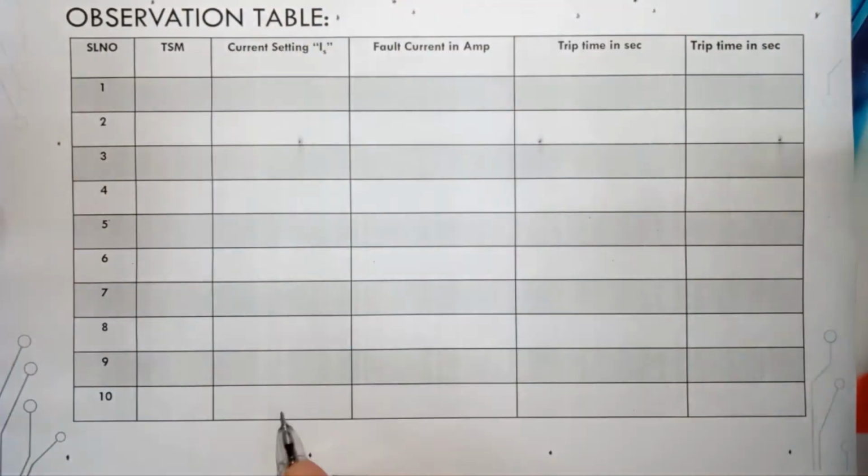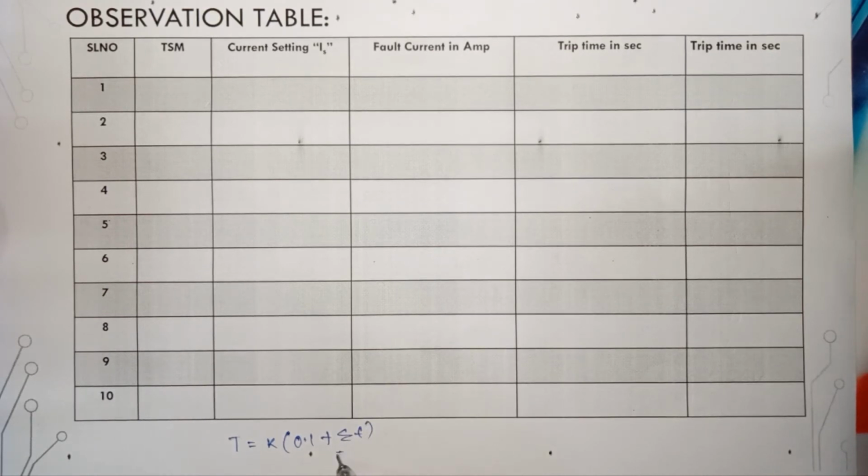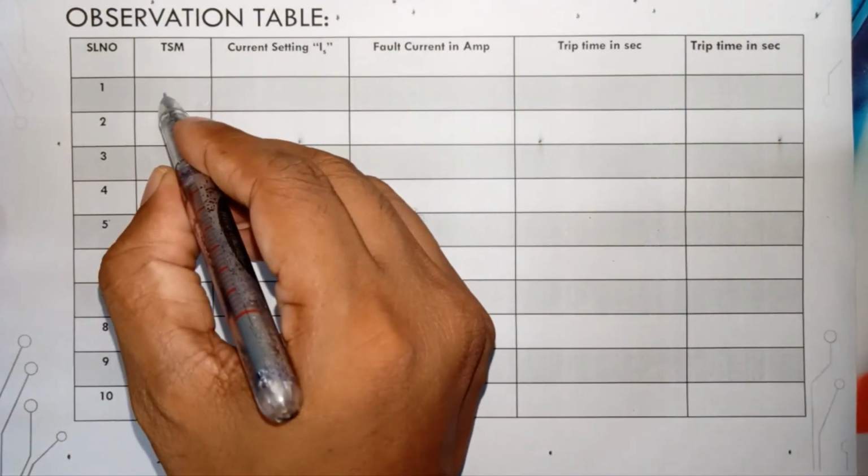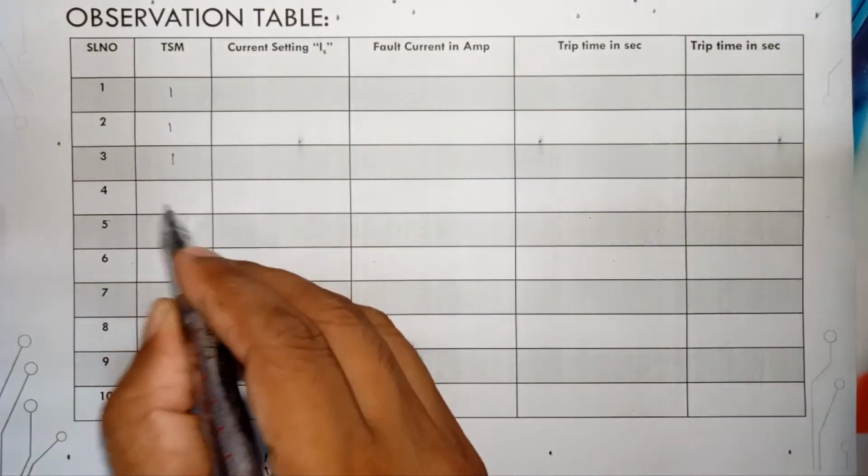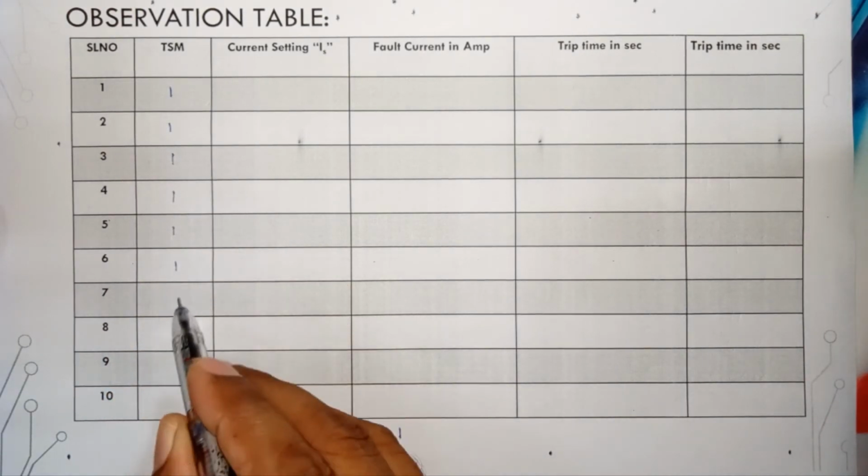T, what we observe, T is nothing but K into 0.1 plus summation of T. Summation of T we got 0.9, and K is becoming 1 because we have selected the normal inverse 1.3 characteristic. So this will be 1. So your PSM is nothing but 1. You can write PSM equals 1.